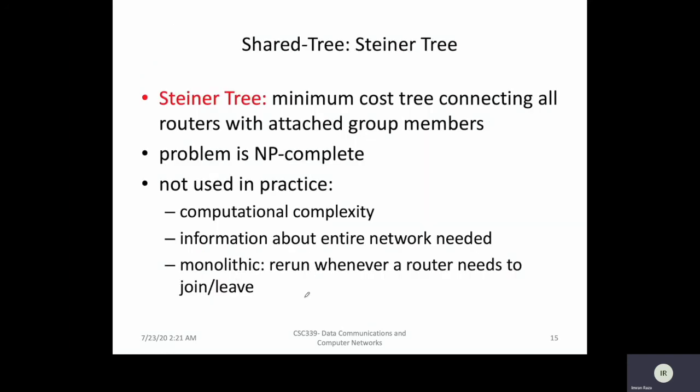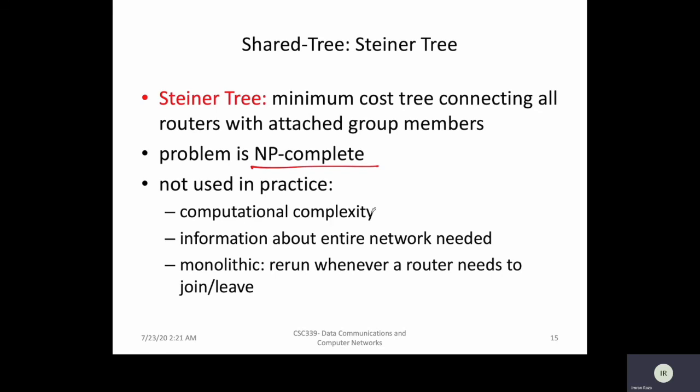So let's talk about the shared tree, and it's also called the Steiner tree. Steiner tree means minimum cost tree connecting all the routers with attached group members. So finding a tree which is minimum for every host is, as I discussed earlier, an NP-complete problem, right? And that's why it's not used in practice. Why?